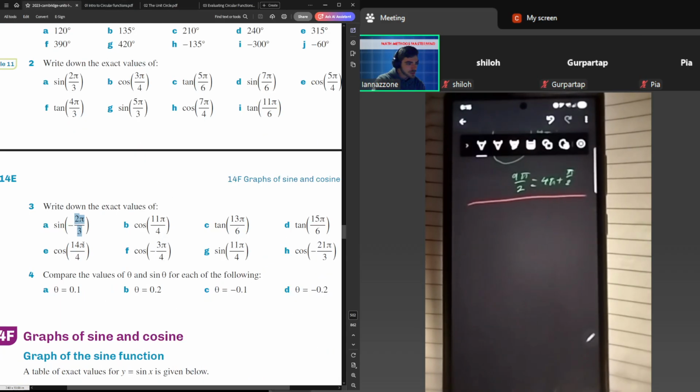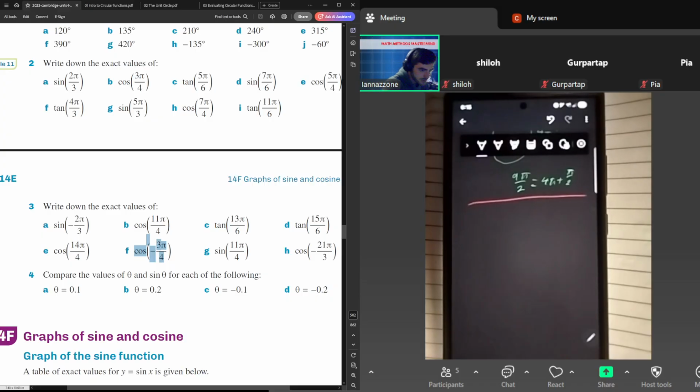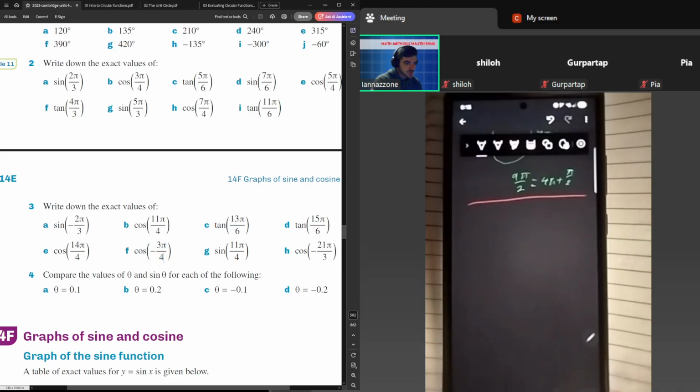We'll do another negative one. Part F. Cosine negative 3 pi over 4. Negative root 2 on 2.